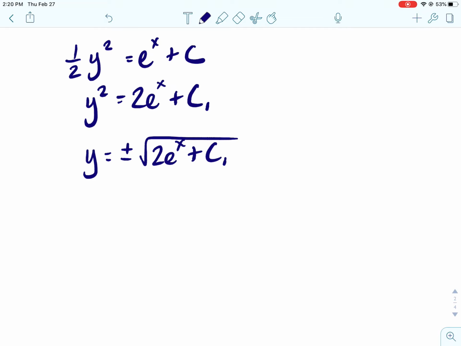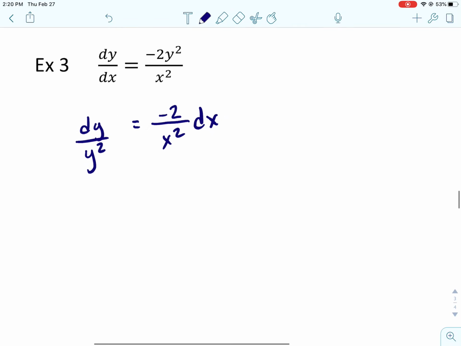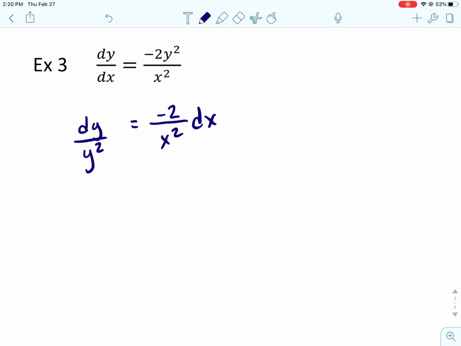If you put positive and negative and don't differentiate which one it is, if it goes through a certain point and you don't put just what it is, you'll get credit for your work, but you won't get credit for the answer.